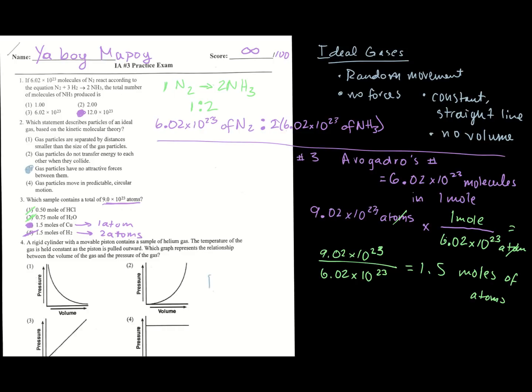We're looking at the relationship between volume and pressure. This is Boyle's law. And in this case, they have an inverse relationship. So as you increase pressure, volume goes down. And this is more of an exponential decay. That's choice 1.